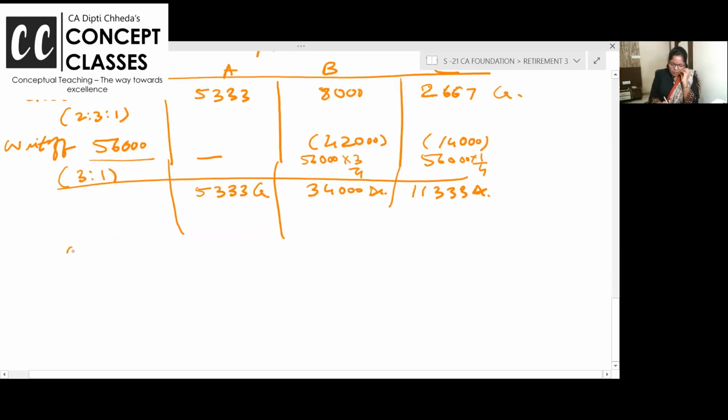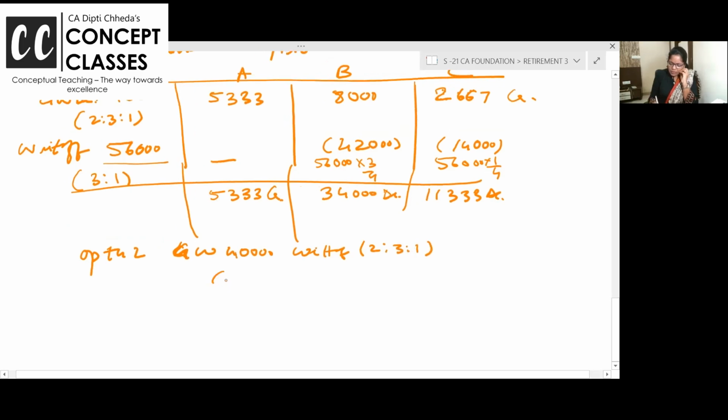So the other way, option 2, is first write off goodwill 40,000 in 2:3:1 and then raise goodwill 56,000 in 2:3:1. So you are writing off and again raising. So I just raised 16,000.